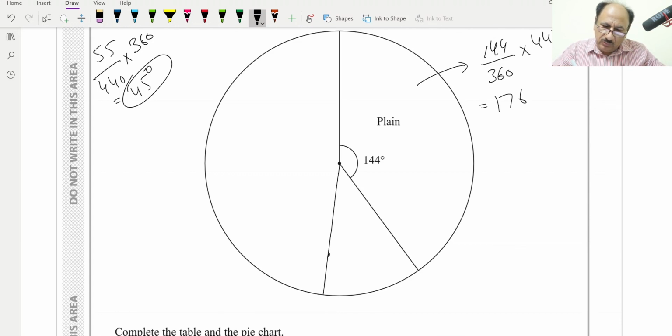So this angle is 45, and this angle is 171.